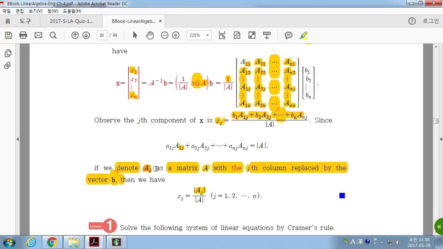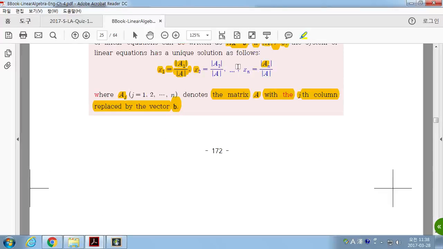Then Xj can be written as the determinant of Aj over the determinant of A. That's what we were trying to show.